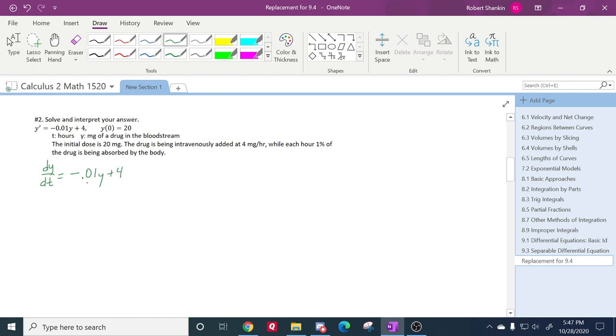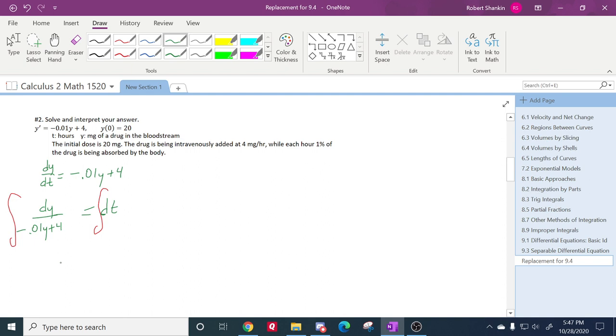So I'm going to multiply both sides by dt. I'm going to divide both sides by what's on the right, negative 0.01y plus 4. Now I've separated. All the y's on the left, all the t's on the right. So now I am able to integrate both sides.